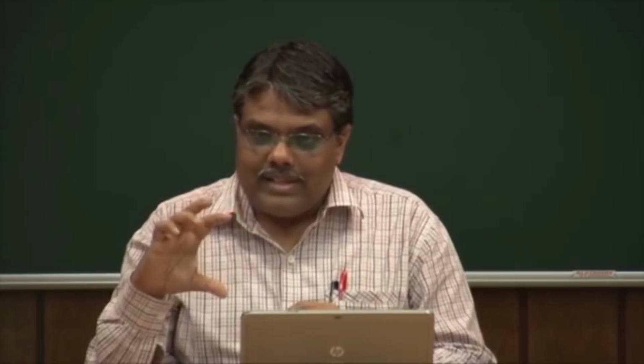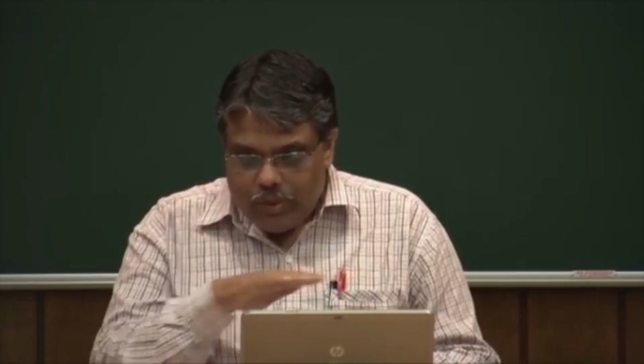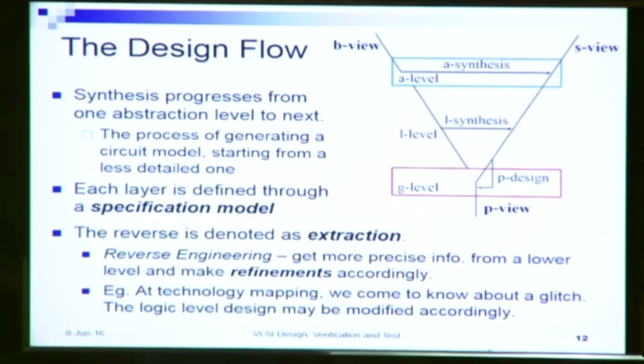Because the two inputs to this gate do not come at the same time, the output could be erroneous. If that is found when the design at the transistor level has been done, how can we correct it? We have to go back to the logic level, correct the design at the logic level, and come back to the transistor level design again and find out whether it is now correct, whether there are still glitches or not. Right? So this is why the extraction process is also very important along with the synthesis process.